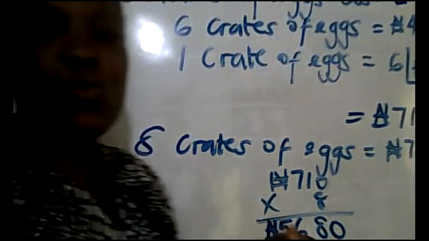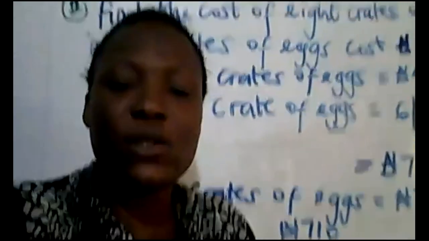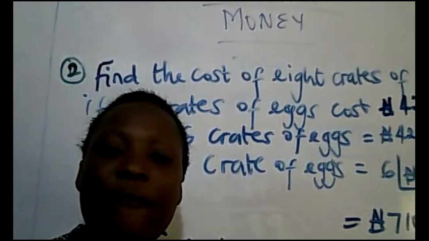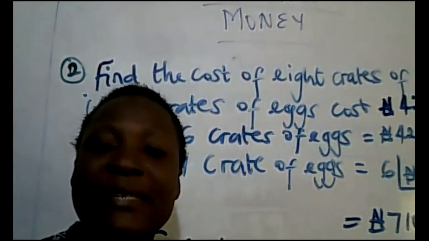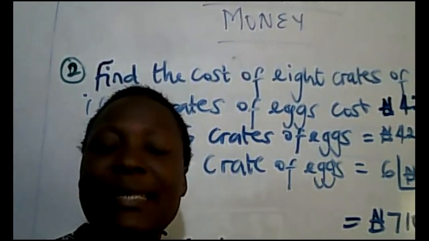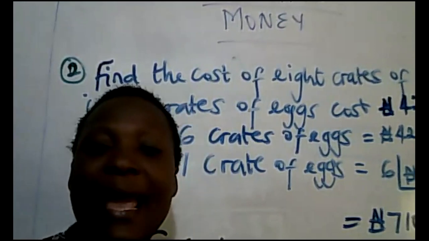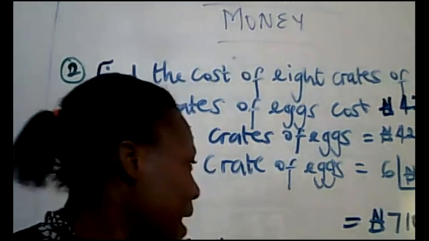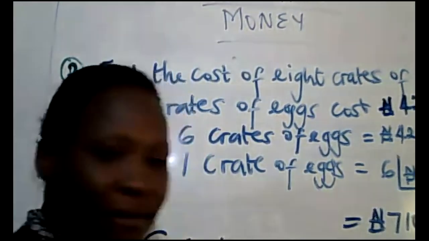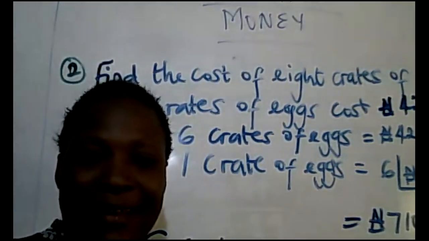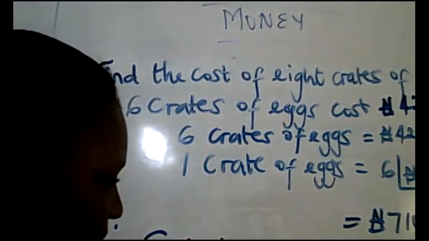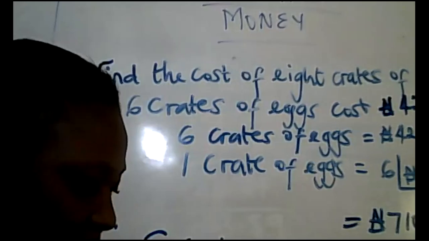Good. 8 times 1, 8. 8 times 2, 16. 8 times 3, 24. 8 times 4, 32. 8 times 5, 40. 8 times 6, 48. 8 times 7, 56. Great.